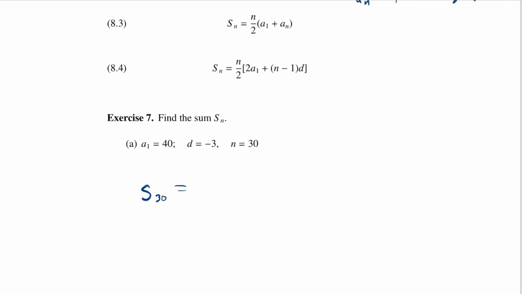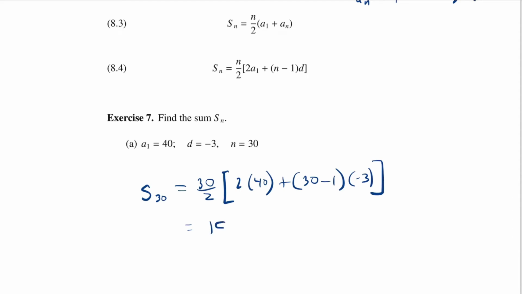And you can use your calculators at this point, or you can do it by hand. What is this going to be? This is going to be negative 87. Okay, so your final answer should be negative 105. That would be the sum of the first 30 terms.